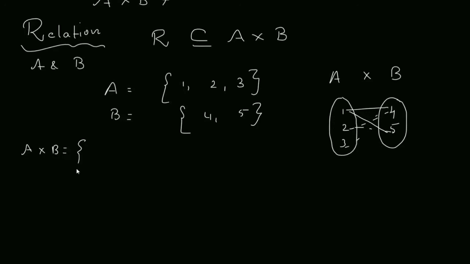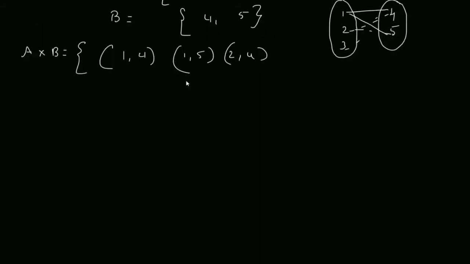I will write A cross B first. A cross B is (1, 4), (1, 5), (2, 4), (2, 5), (3, 4), (3, 5).